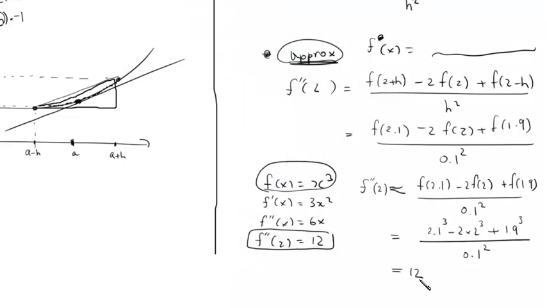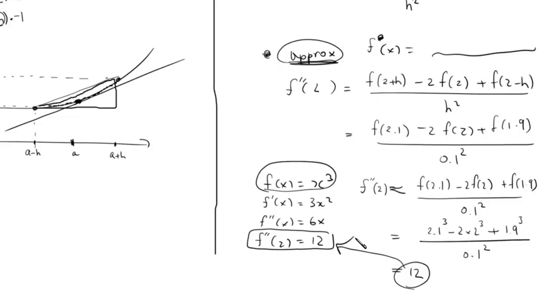So I was able to get the value. I think it's a coincidence in this case that we get exactly 12, but I was able to approximate the derivative at 2 without differentiating. That's how you do it.